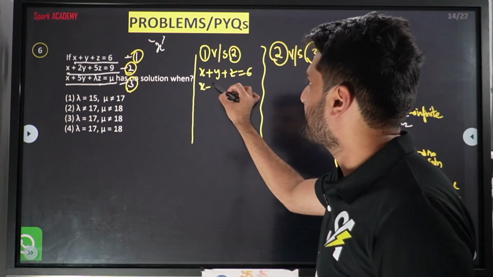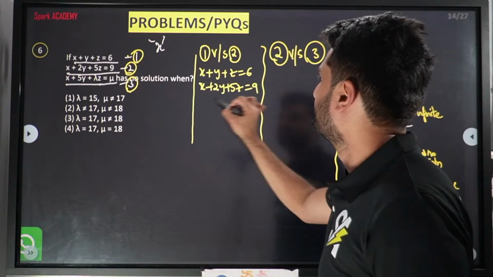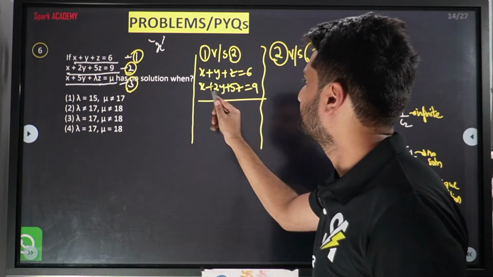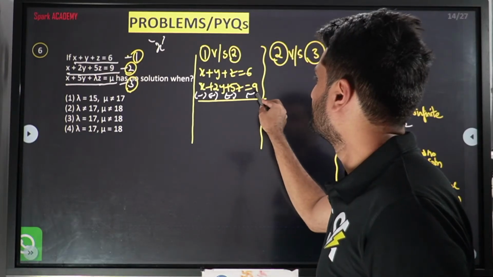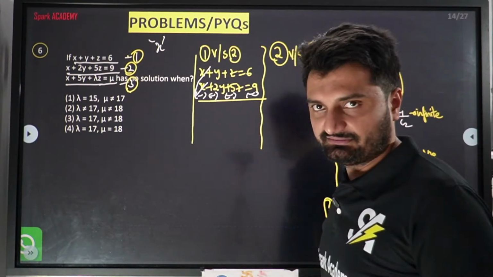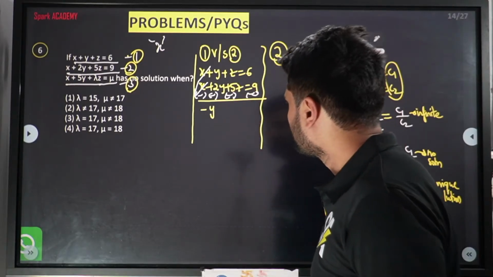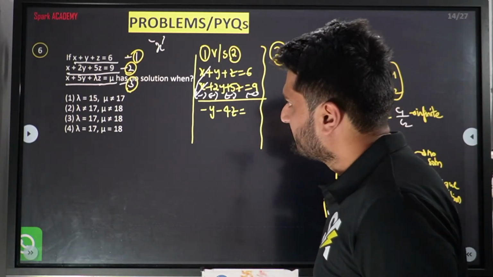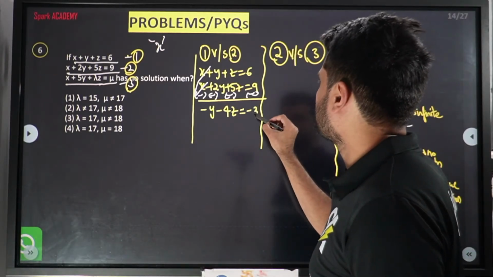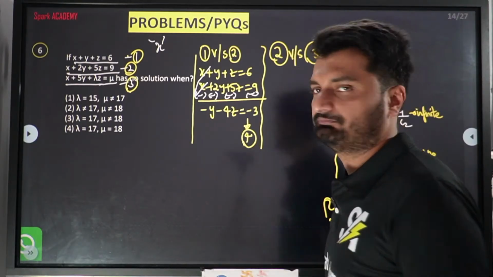The second is x plus 2y plus 5z equal to 9. Now subtract. x cancelled. y minus 2y is minus y. z minus 5z is minus 4z. Equal to 6 minus 9, which is minus 3. I can write this as equation 4.